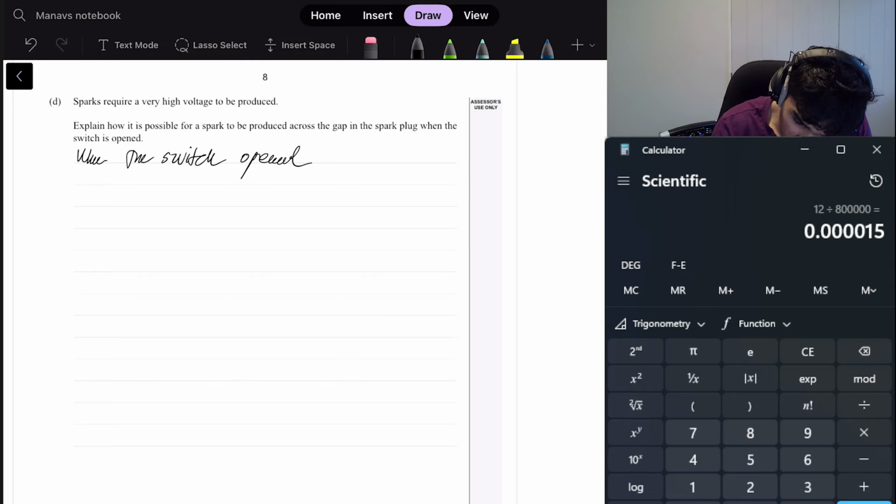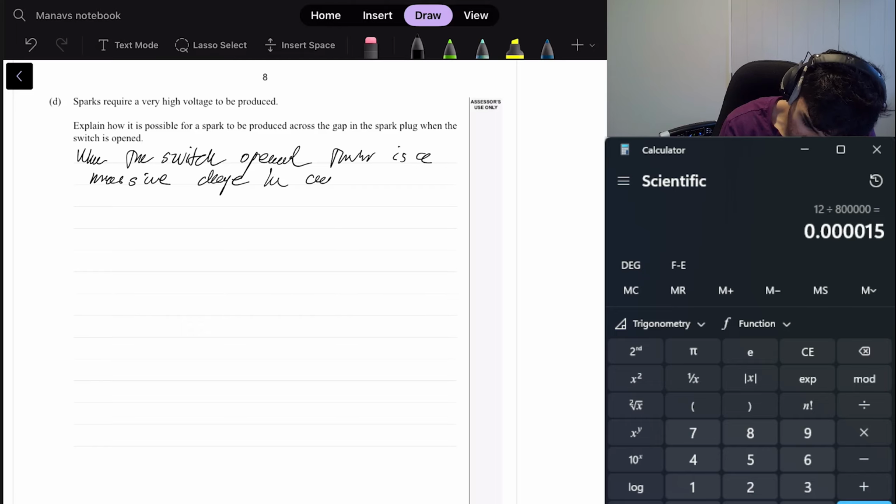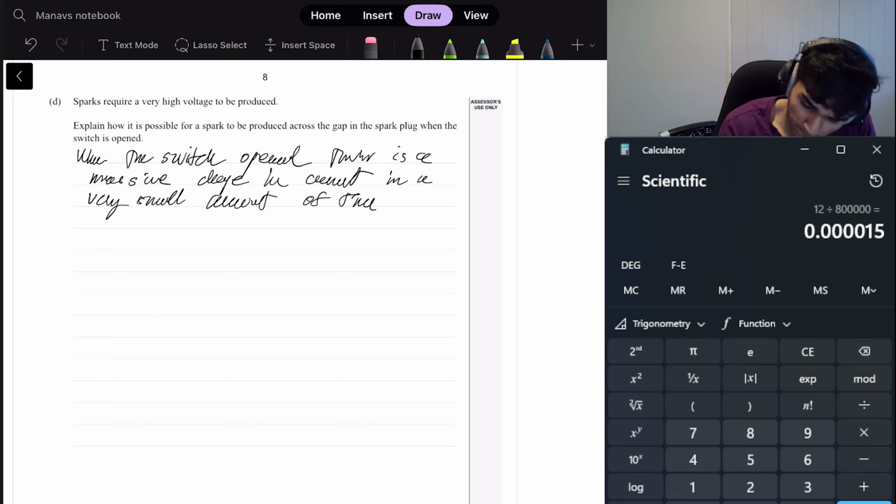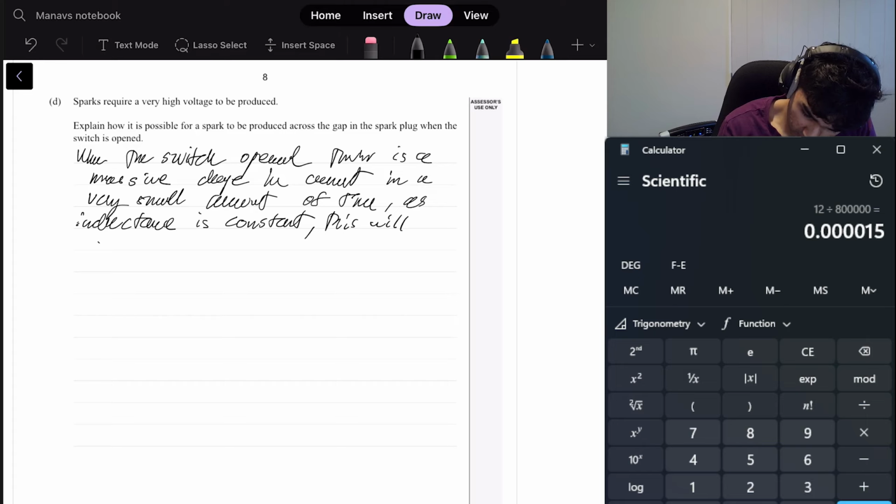So when the switch is opened, there is a massive change in current in a very small amount of time, as inductance is constant. This will produce a massive back EMF.